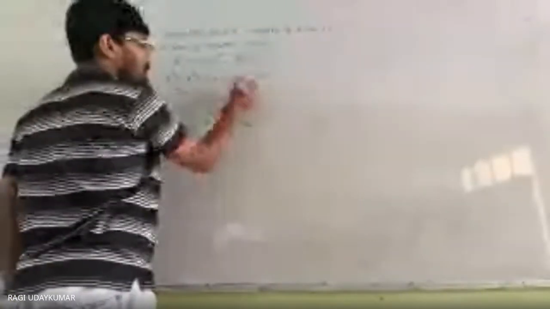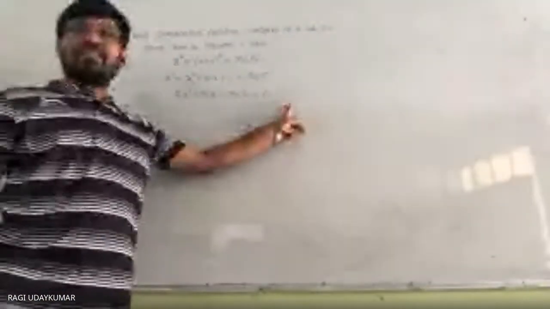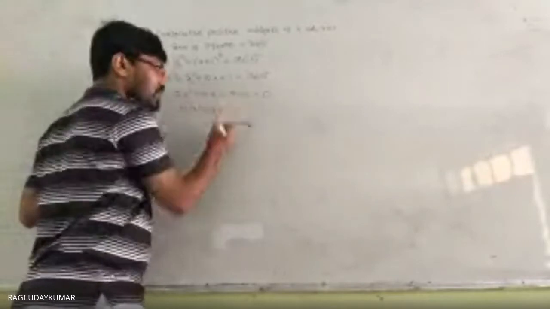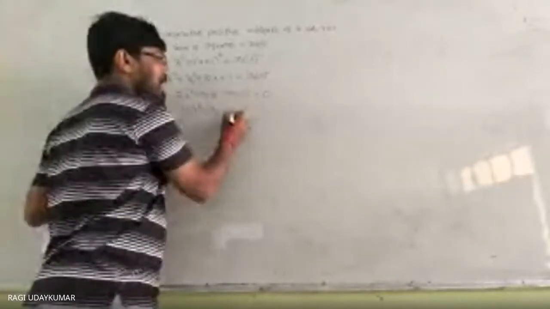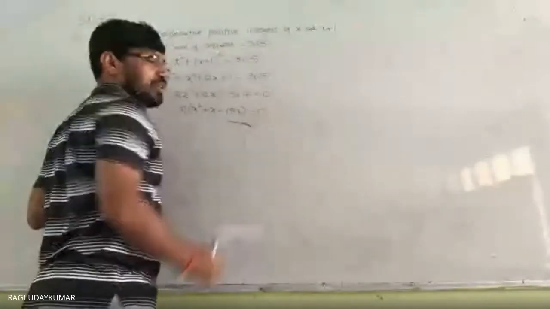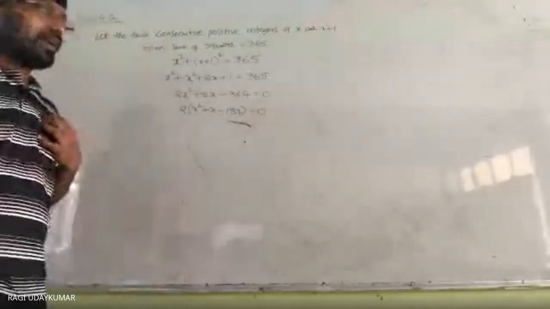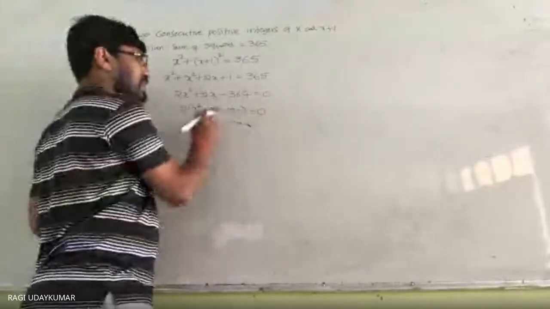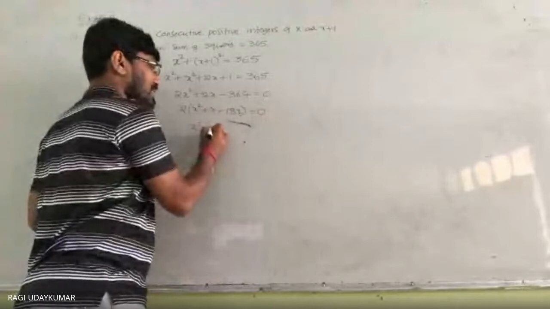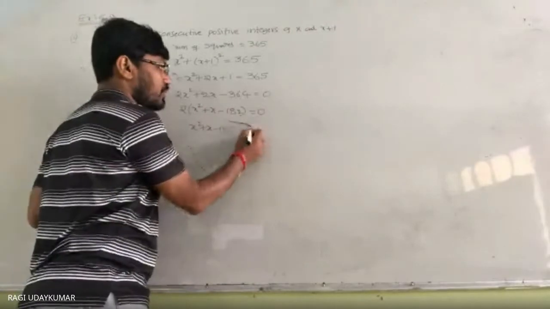So 2x square plus 2x minus 364 equals 0. Since 2 is common everywhere, you can take 2 common so the problem becomes easier. This becomes x square plus x minus 182 equals 0.